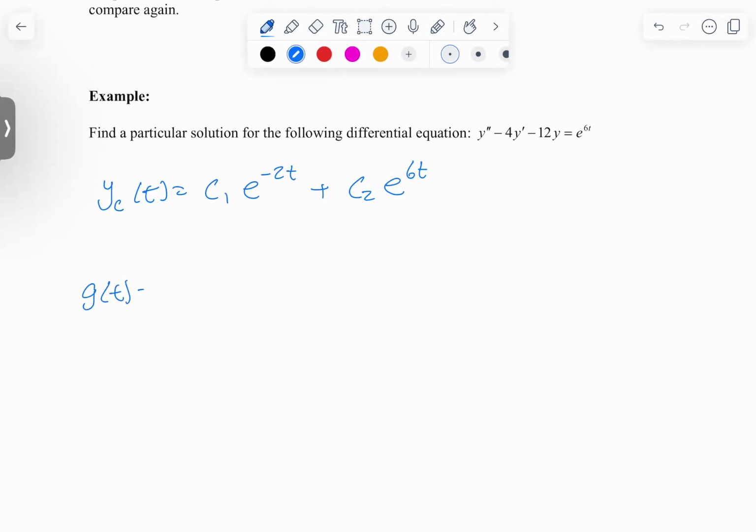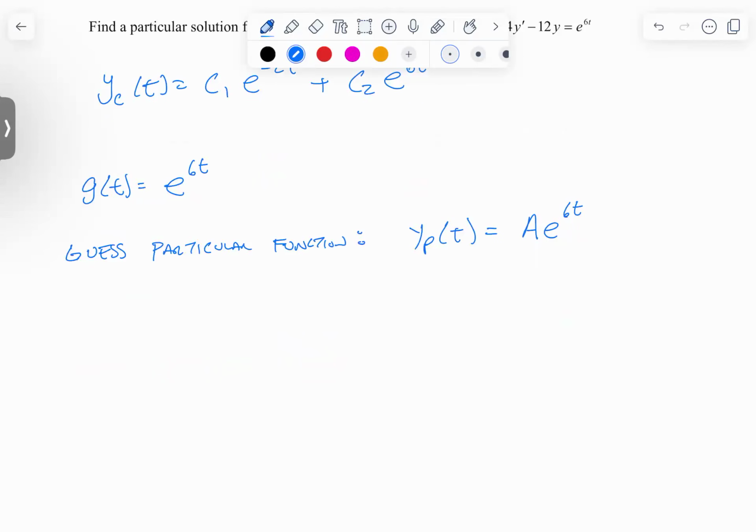If g of t is e to the 6t, we want to guess our particular function. What would our guess be? A e to the 6t. 100%. Let's go through the process of solving this with the guess and everything: y prime, y double prime.